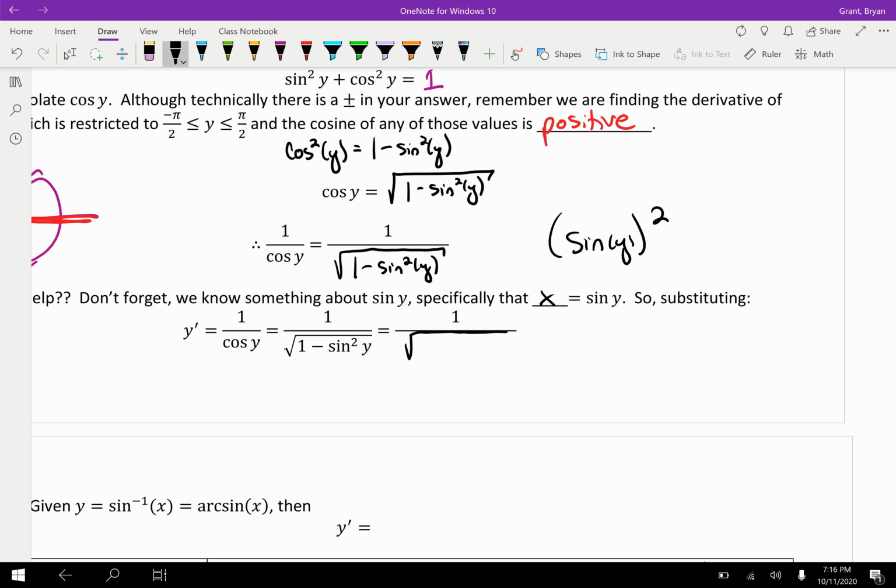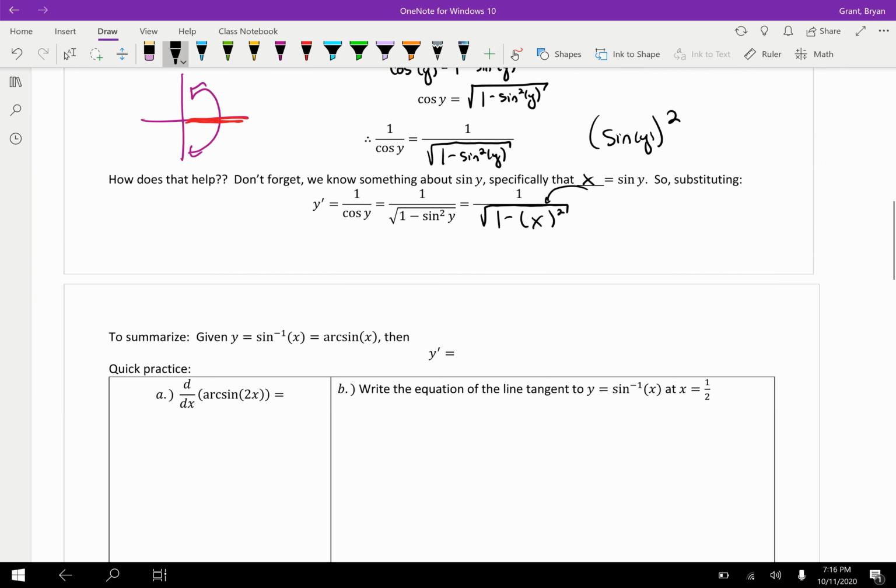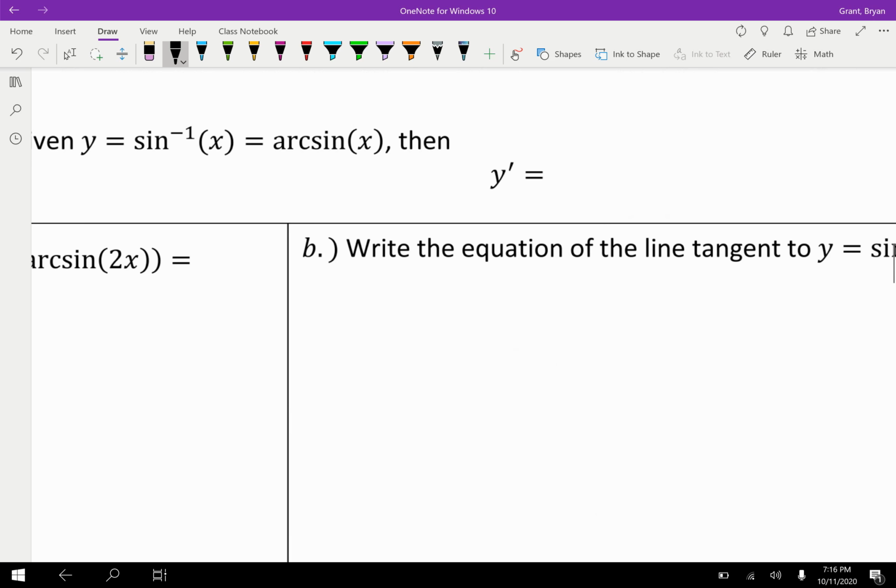So I'm going to replace sine of y, don't forget my square, with x. And look at that. That is pretty darn awesome, because now we know, at least to summarize, we'll do this on our next page, that if you have the inverse function for sine, the inverse sine, that the derivative is 1 divided by the square root of 1 minus x squared.